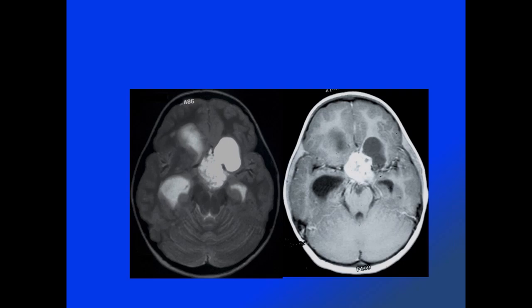Axial T2 and post-contrast T1 weighted images demonstrate hyperintense T2 signal of the solid component, which demonstrates, again, prominent post-contrast T1 enhancement and non-enhancing cystic component, consistent with a pediatric adamantinomatous type craniopharyngioma.